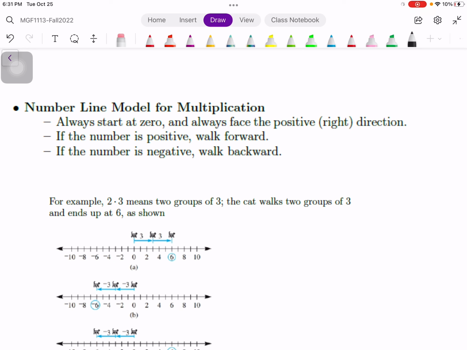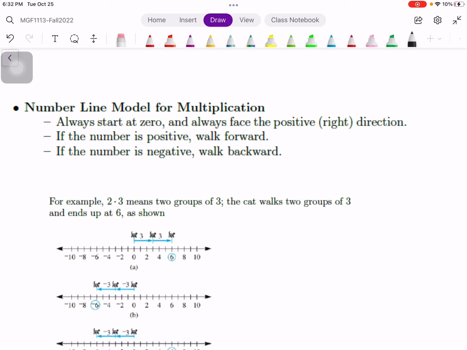Let's look at number line model. Number line model works the same as before, meaning we always start at 0, facing east or right, positive direction. Now, if the number is positive, we walk forward. If the number is negative, we walk backward.